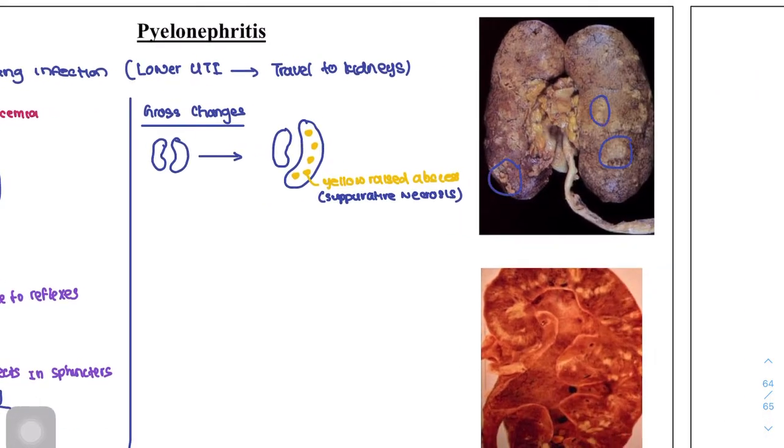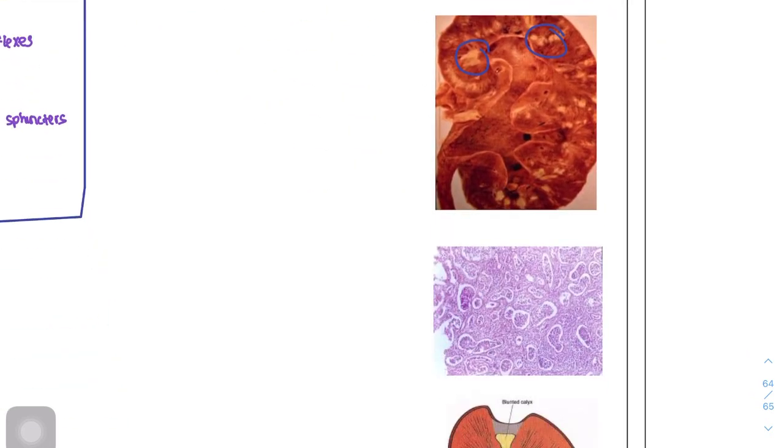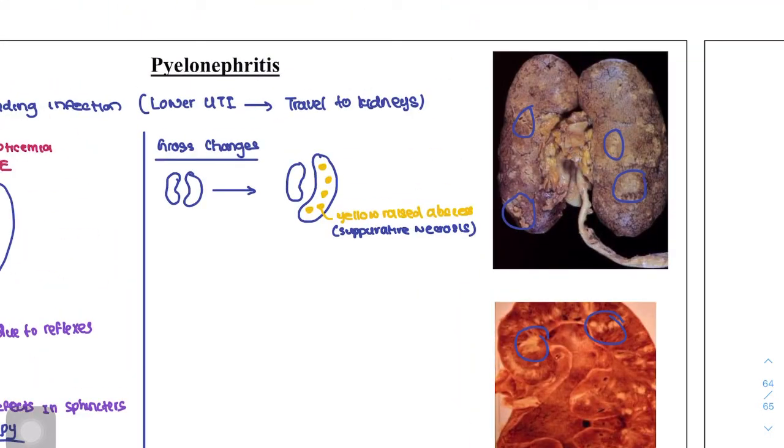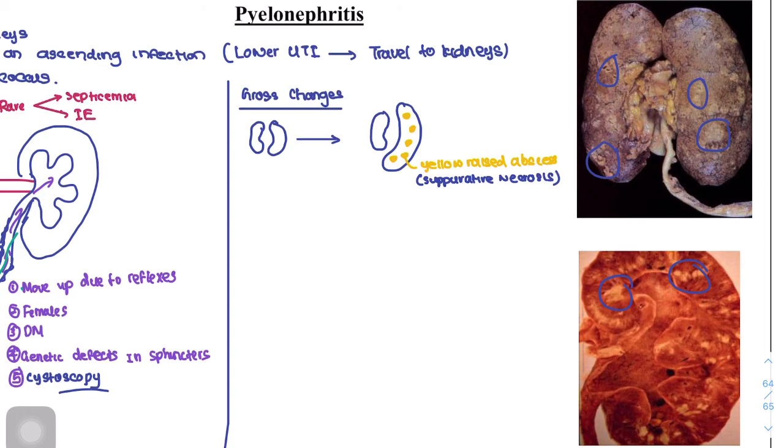You can see these yellow abscesses. So this first affects the interstitial tissue, then into lobules, tubules.